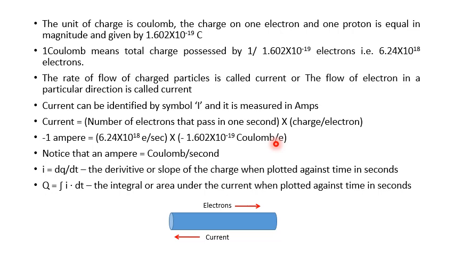So ampere can also be measured in terms of coulombs per second.